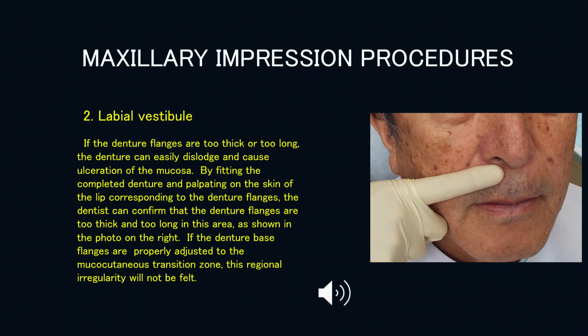By fitting the completed denture and palpating on the skin of the lip corresponding to the denture flanges, the dentist can confirm that the denture flanges are too thick and too long in this area, as shown in the photo on the right. If the denture base flanges are properly adjusted to the mucocutaneous transition zone, this regional irregularity will not be felt.